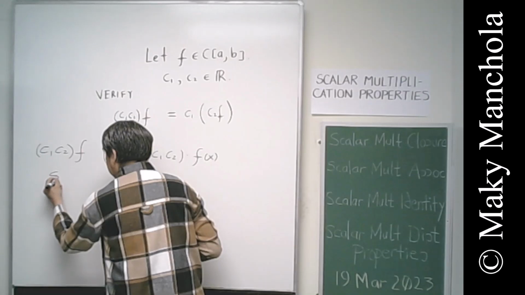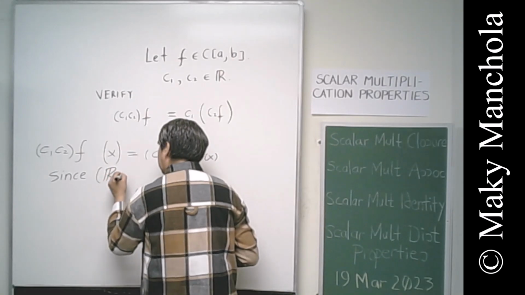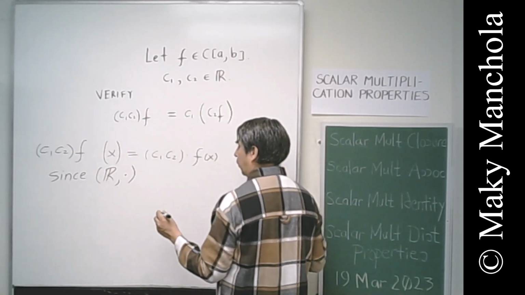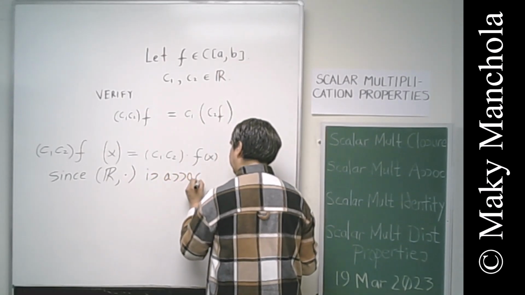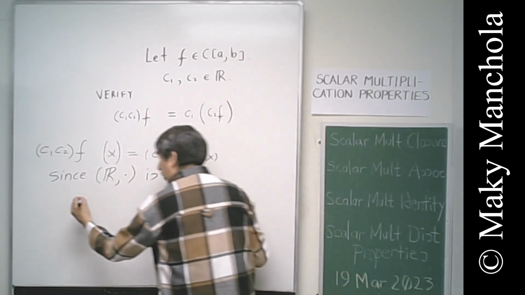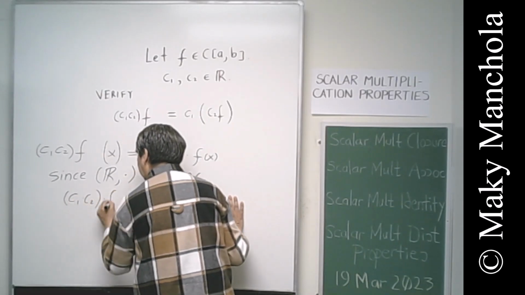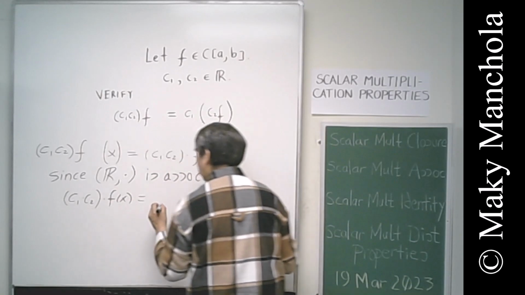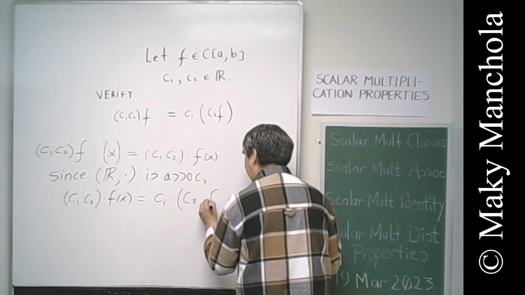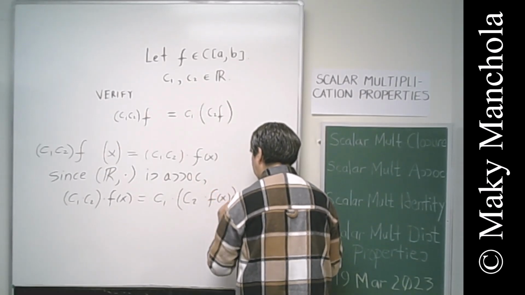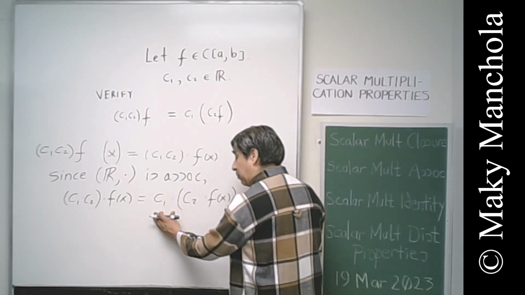Now, since multiplication of real numbers is associative, I can transfer the parentheses. So since the structure of real numbers under multiplication is associative, c1 times c2 multiplied by f of x equals c1 multiplied by c2 multiplied by f of x. What is the meaning of this? This is the scalar multiplication.